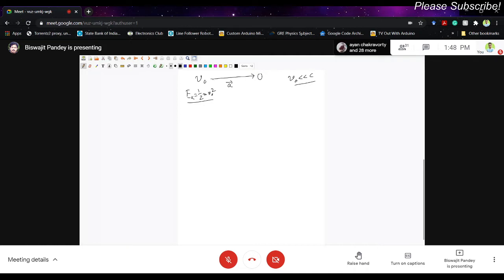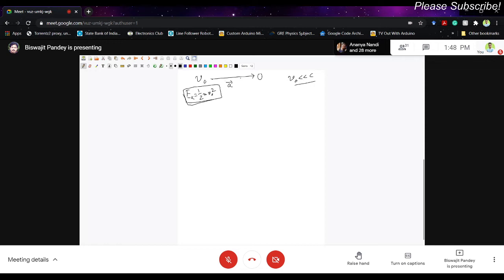So in this particular case, we just have a particle moving with some velocity v, so it has some kinetic energy, and when it radiates, this kinetic energy will decrease, right? Definitely it will decrease. So it will lose a certain amount of energy in the process of radiation.